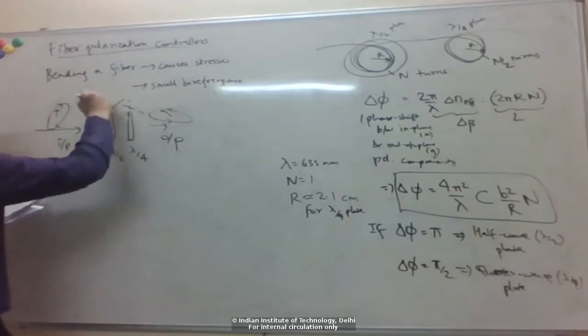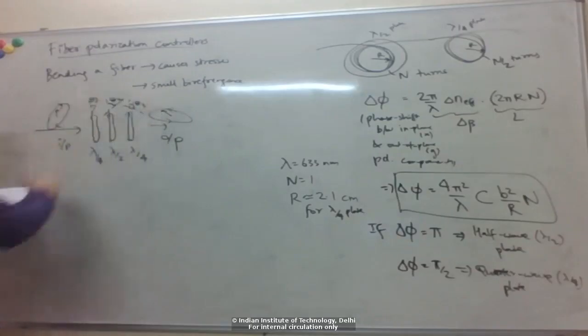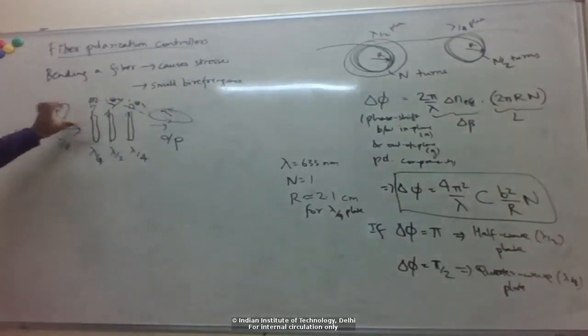The angle at which this is θ1, this is θ2, this is θ3. So you can play with the angle of the fast axis with respect to the x and y axis of the polarization directions that you defined.